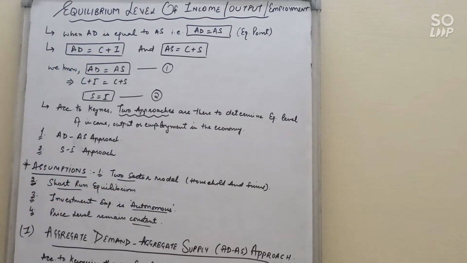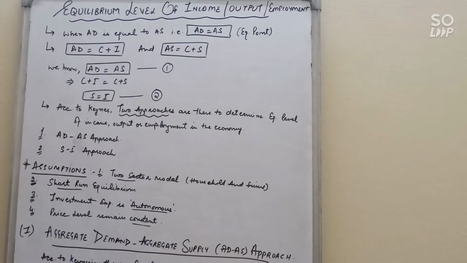Second, we are doing short run equilibrium, so we are determining equilibrium only in the short period, not in the long period. Third, we are taking investment expenditure as autonomous, meaning investment is not influenced by income. Fourth, the price level remains constant. These are the four important assumptions.